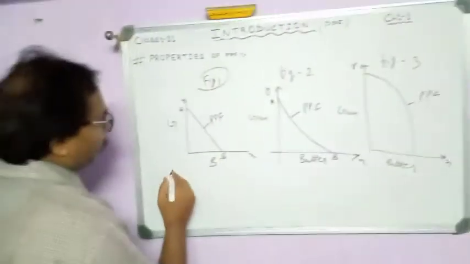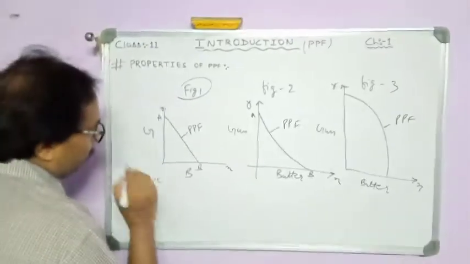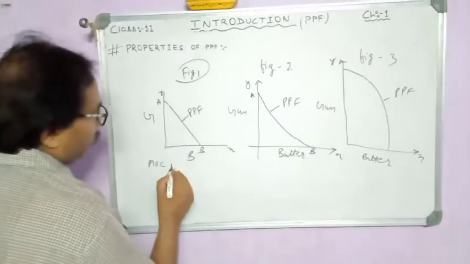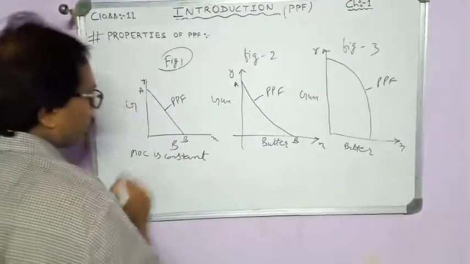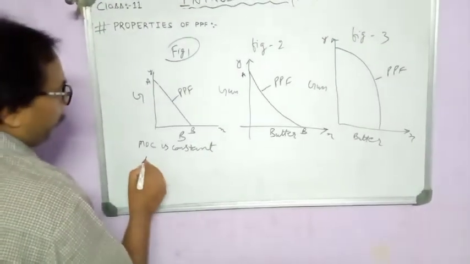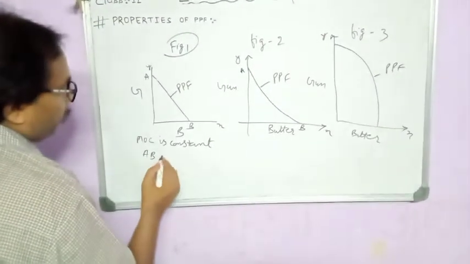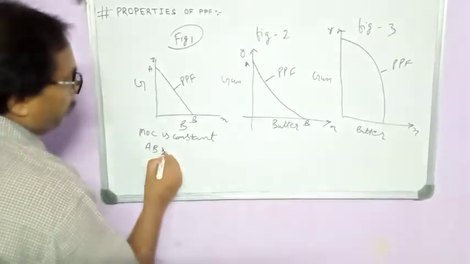If MOC is constant, AB will be a straight line.